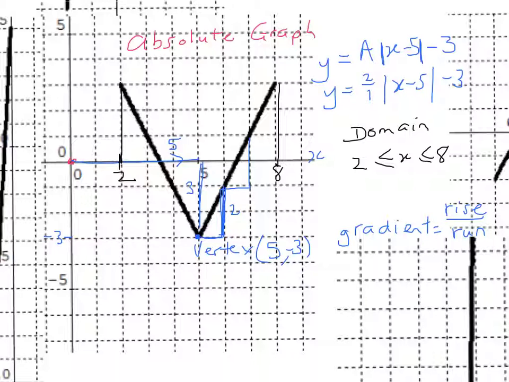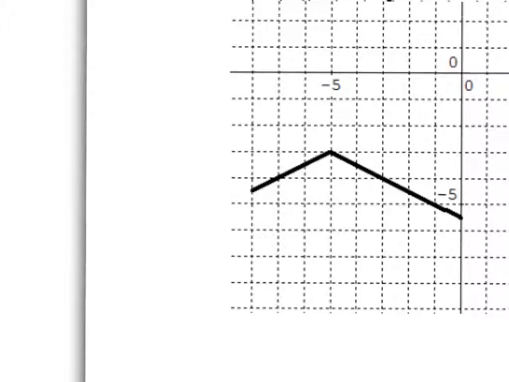And that's that graph, a translated graph. Again, the A here is my gradient. This is where it's moved sideways, and the -3 is how many it's gone down. Look at for these absolute graphs.